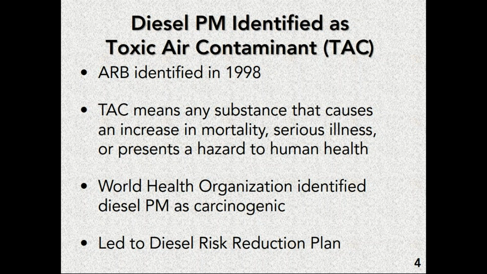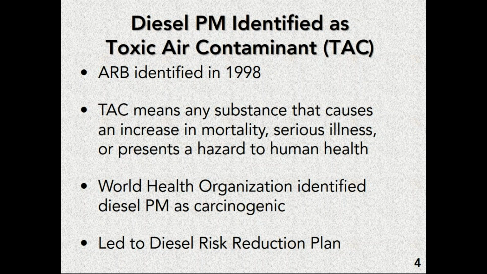Now, our process was a little bit more lengthy than what the feds did. They just simply adopted a list of hazardous air pollutants, and eventually we did as well. But this is one that wasn't always on the federal list. What a TAC means is that it causes some type of mortality or serious illness, and it's hazardous to human health.